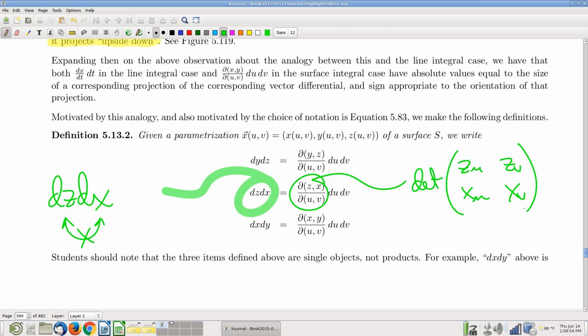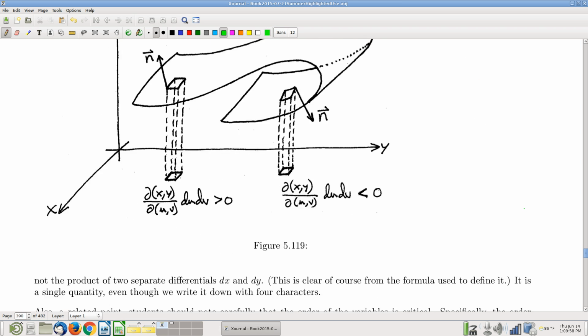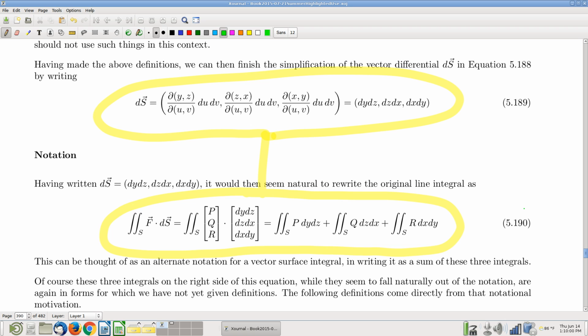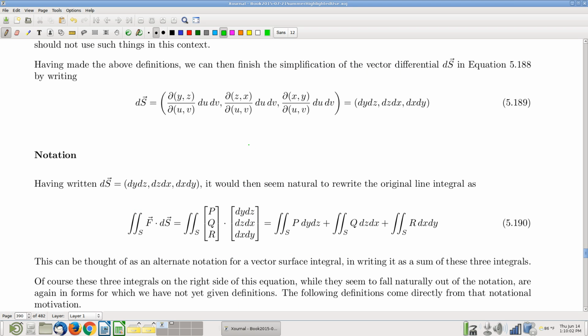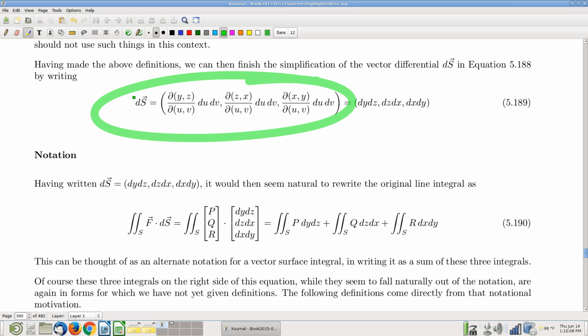Okay, so with that in mind, here's where we were. And I'm going to go back and talk about the pluses and minuses in just a moment. But recall, this is where we got stumped. Right? We were able to rewrite the ds vector. Just expanding things algebraically, we had ds written as this.